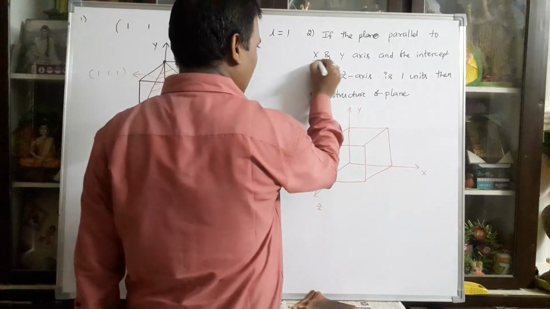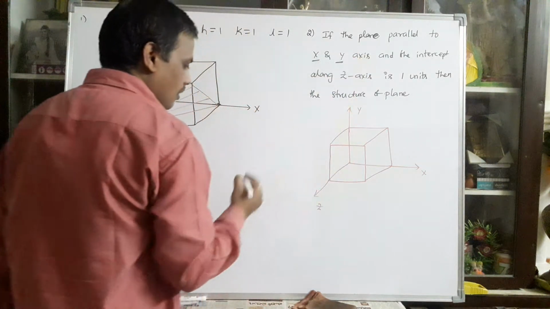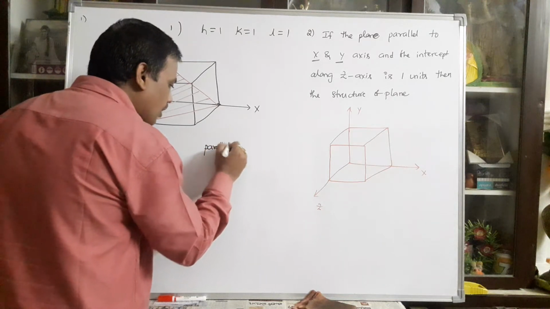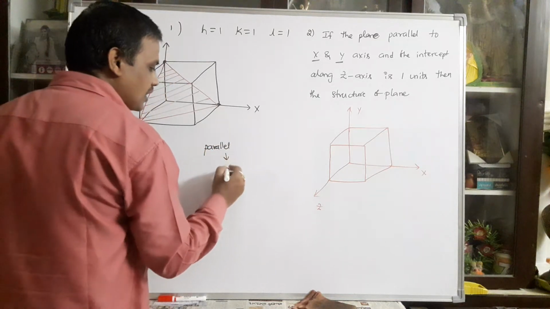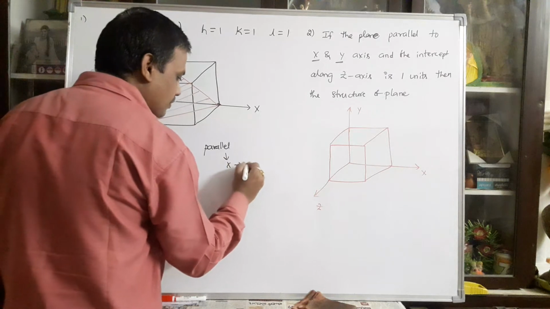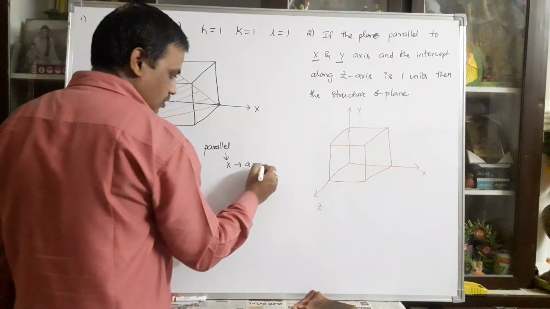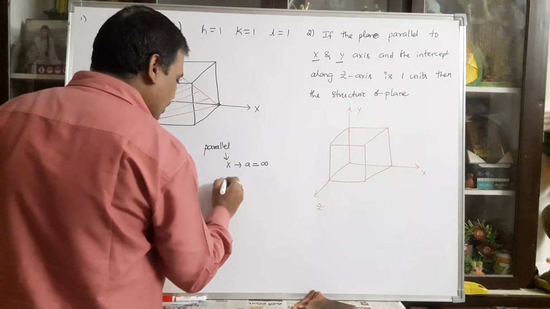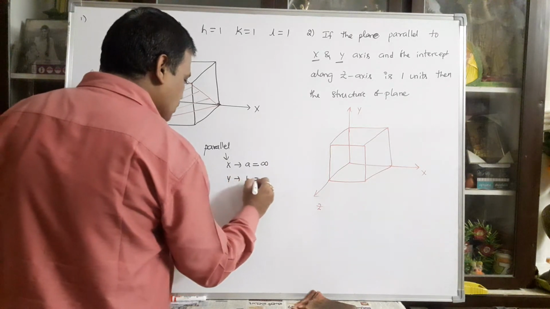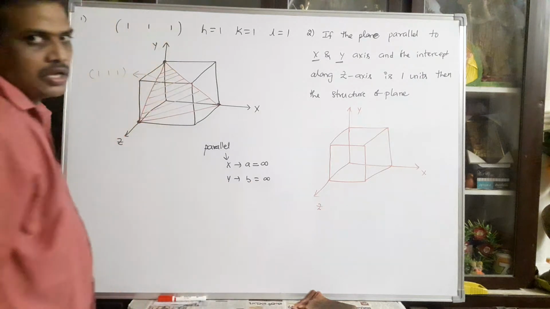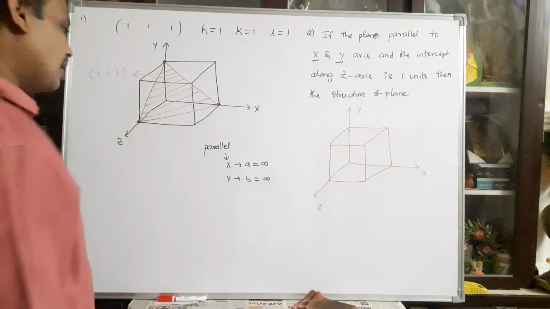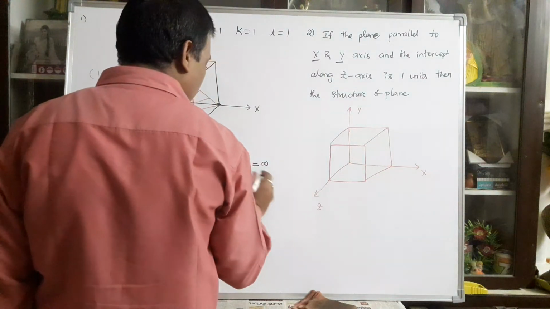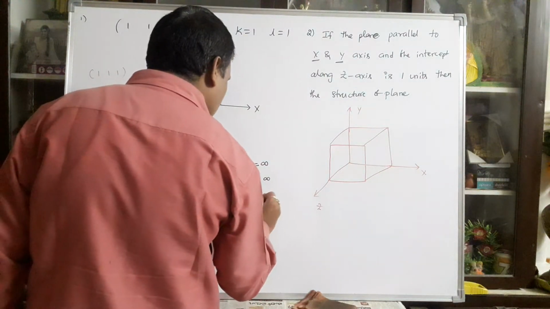Parallel means the intercepts along the x direction a is equal to infinity, and along the y direction b is equal to infinity. Then along z, c is equal to 1.